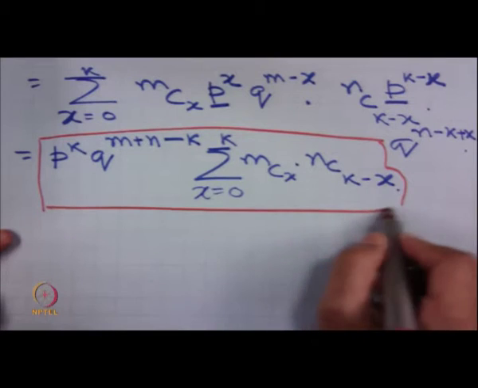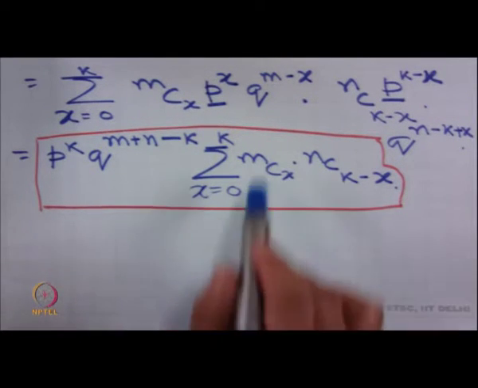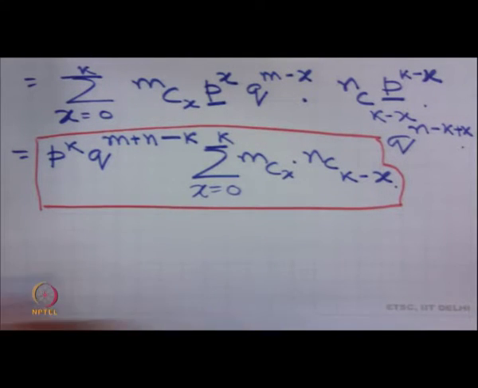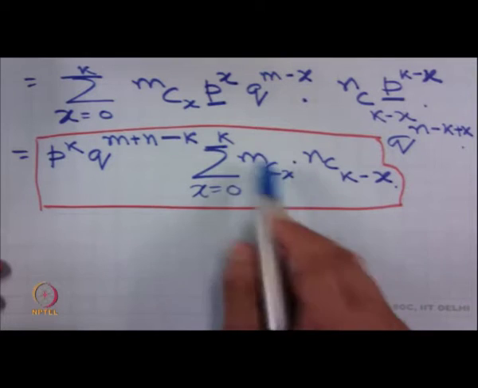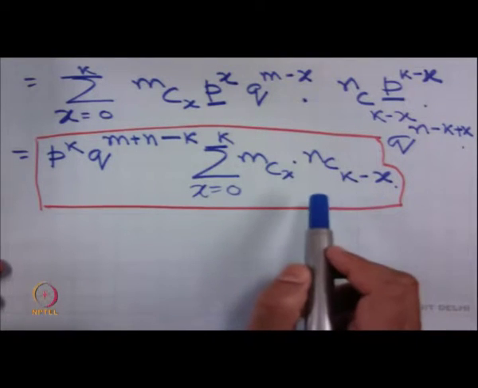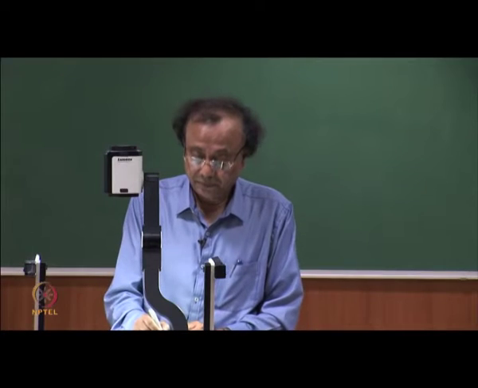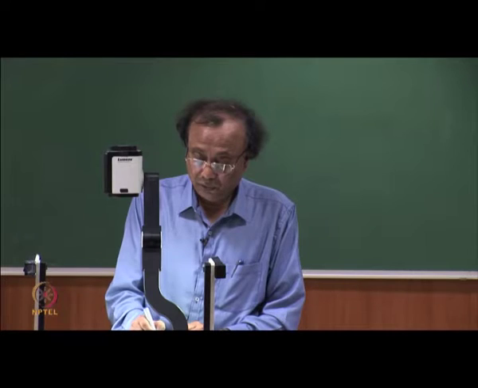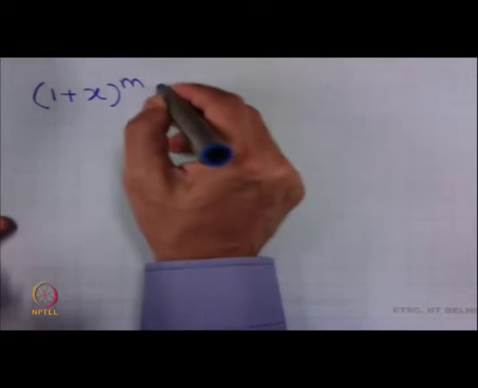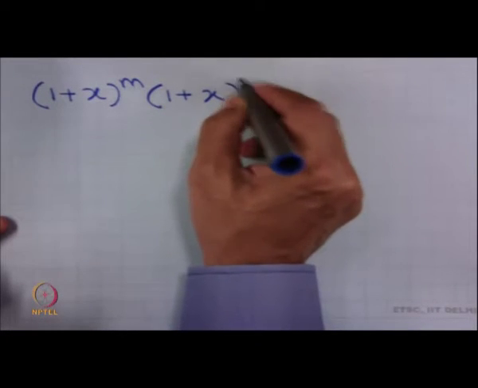So, now we need to find out this term. What is the summation over x from 0 to k of m c x multiplied by n c k minus x? To do that, let us consider (1 plus x) to the power m into (1 plus x) to the power n.